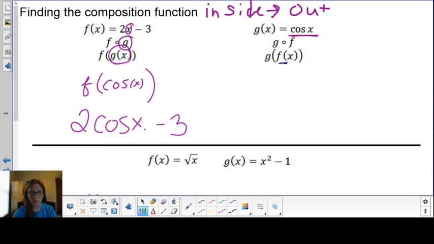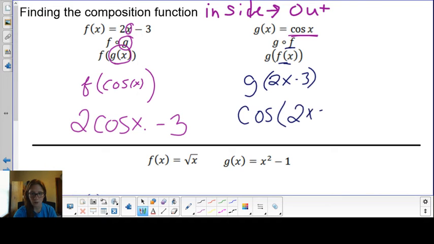Next, I'm going to start with f because he's on the inside. And my f of x is 2x minus 3. And I'm going to put that in g in place of x. So in g, I have cosine of x. So now I'm going to have the cosine of 2x minus 3.